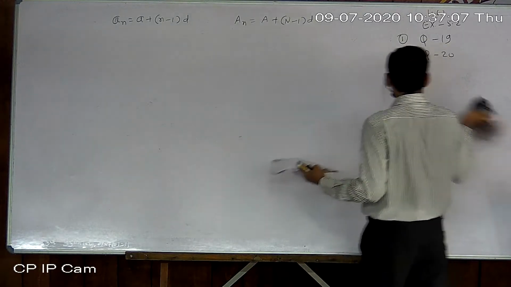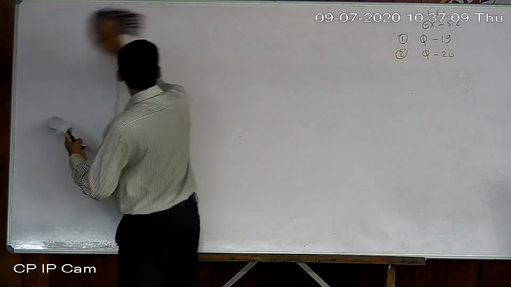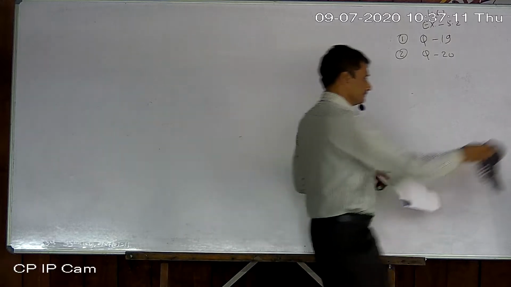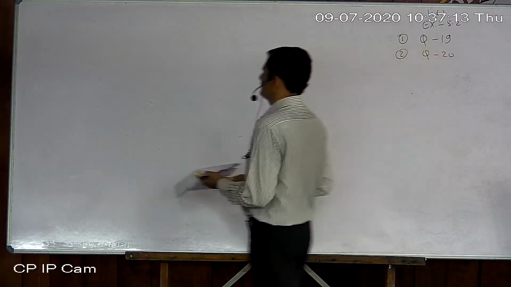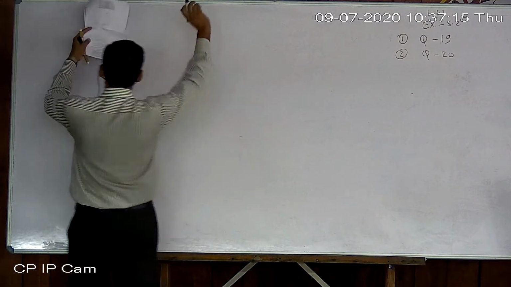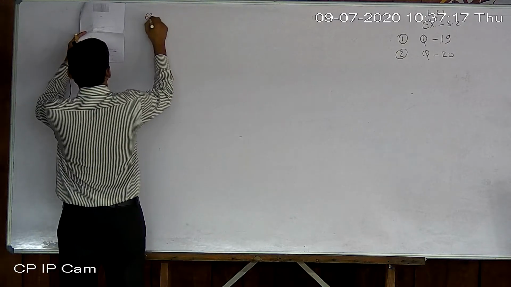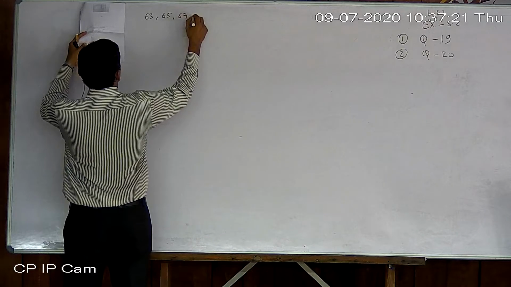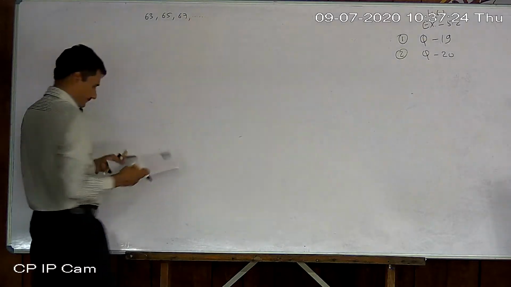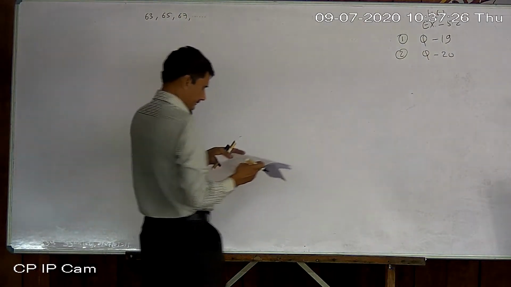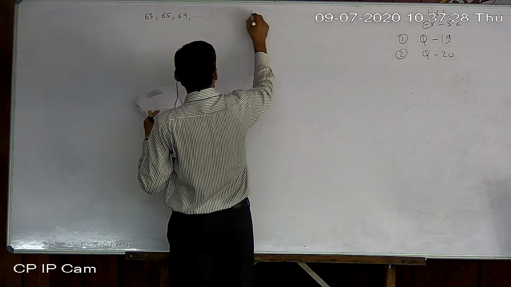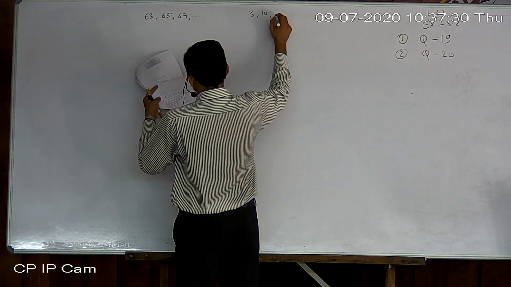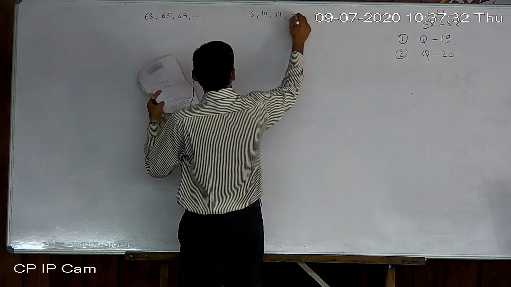So write down first of all both APs: 63, 65, 67, dot dot dot. Now 3, 10, 17, dot dot dot.